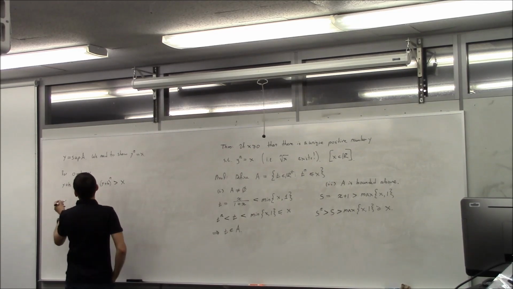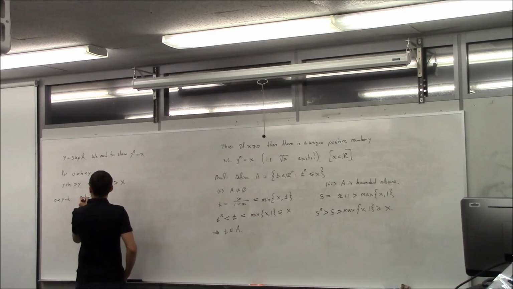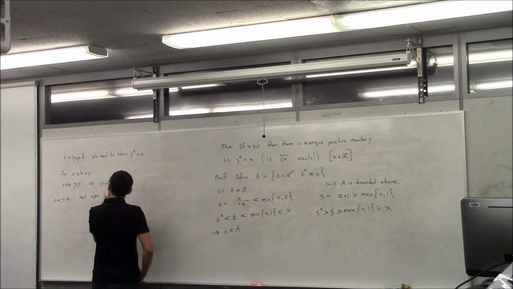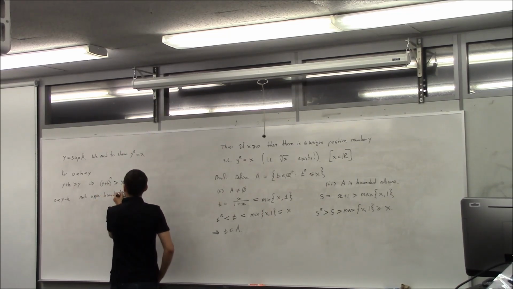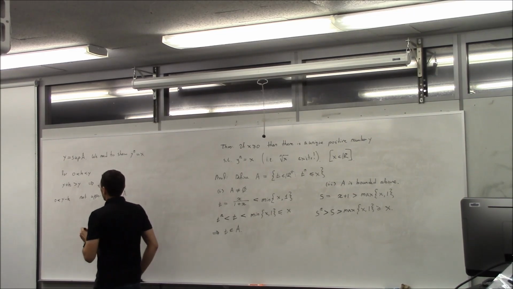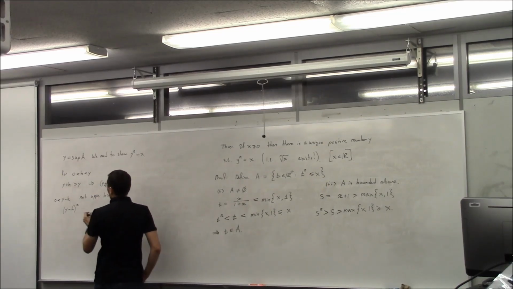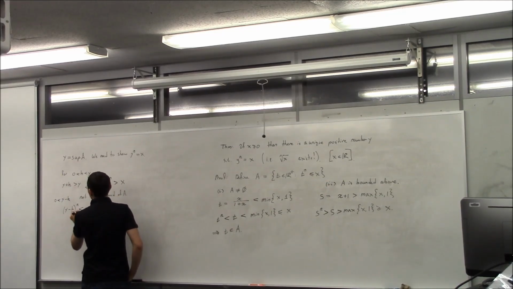So we have this, and we can look at y minus h, again something that is bigger than 0. This is not an upper bound of A. So that means that y minus h to the nth power is less than x.